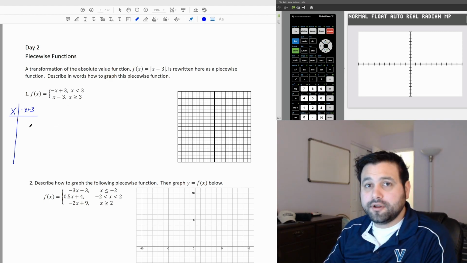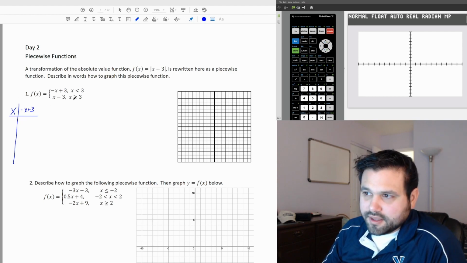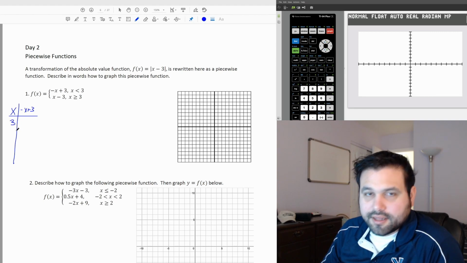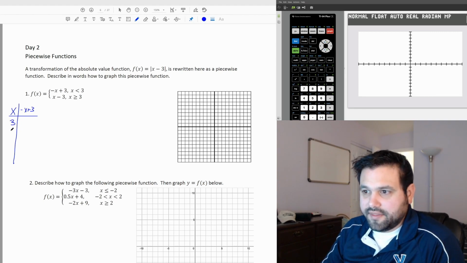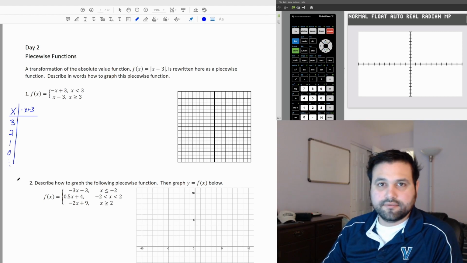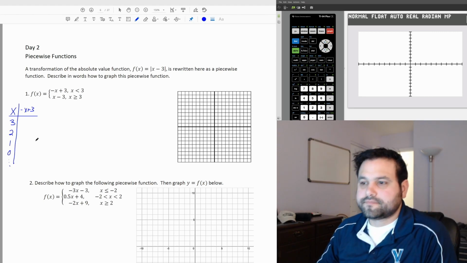I am going to put the 3 in the table, but I'm going to make a note that I'm not going to include it. So if x is less than 3, I'm going to start with the 3, and then go less than that. So 3, and then 2, 1, 0, and so on. That will go on forever.